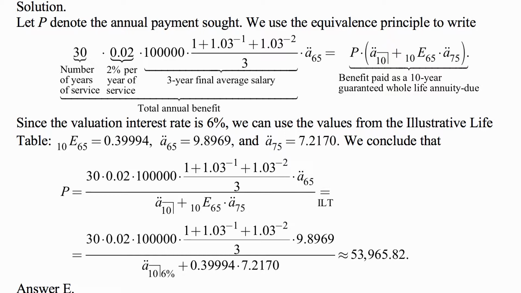The present value of a unit life annuity due at age 75 is ä75. And the valuation rate is 6%, so we can use values from the illustrative life table.